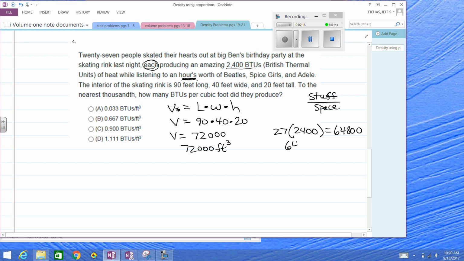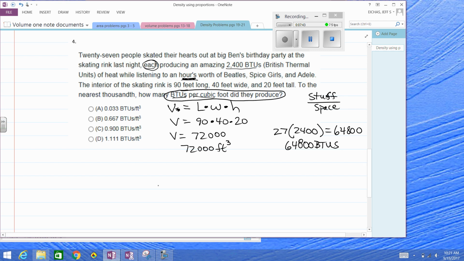So we're producing 64,800 BTUs. Now here's what's great about this. They tell us exactly how to arrange it if you pay attention to units of measure. They want BTUs per cubic feet. It means they want BTUs over cubic feet. So they're kind of telling us the prescription of how to do it.